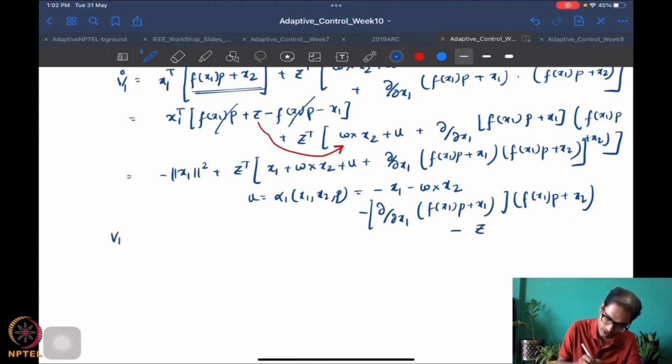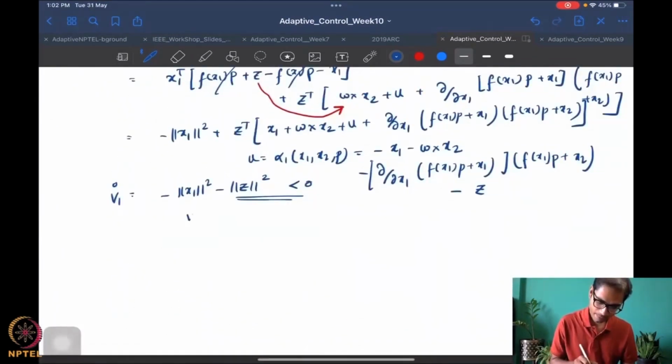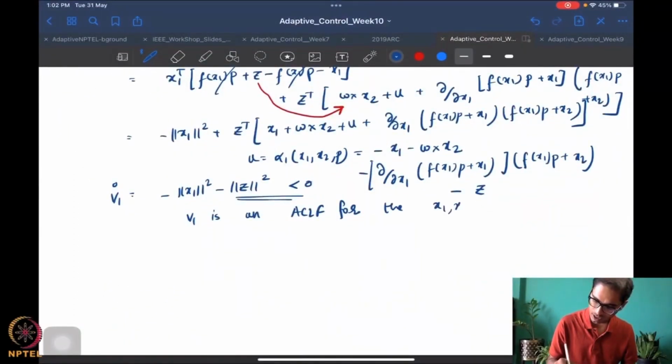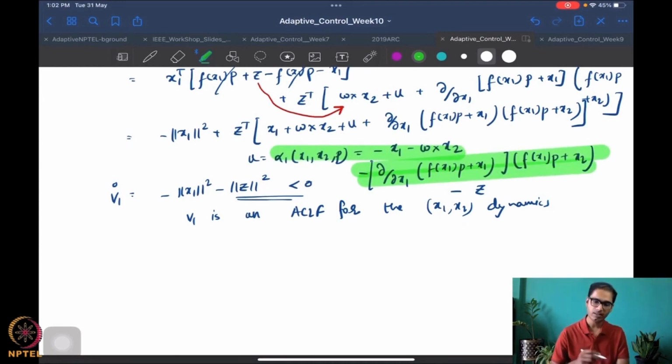This gives me V1 dot equal to minus norm x1 squared minus norm z squared, which is negative definite, and of course we have obtained our ACLF. So V1 is an ACLF for the entire system, for the x1, x2 dynamics. In the process, the feedback law is this.